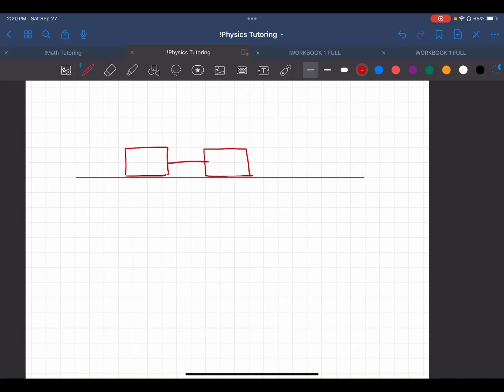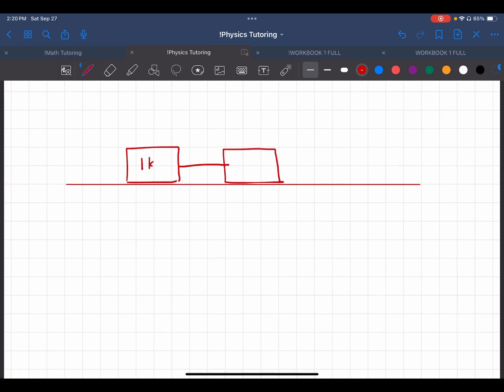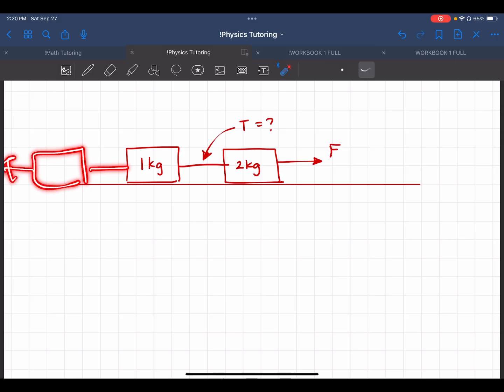Let's make this 1 kg and 2 kg. Let's say I apply a force on it. I'm going to ask you about the tension here, and they're going to ask, what tension is there? Depending on the problem, there might be more here or here. It's like a little train.